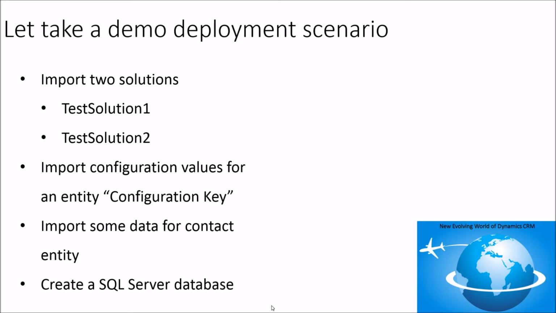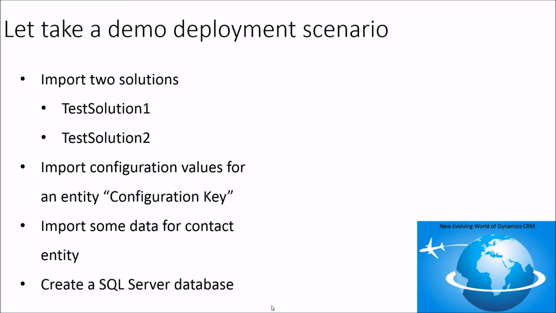Then I have created a configuration key. I'm assuming that my target system already has a configuration key kind of thing, and in that case all I want is to move some configuration data, some configuration values, into it.